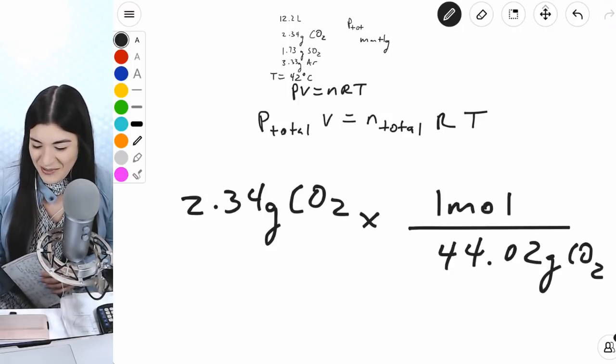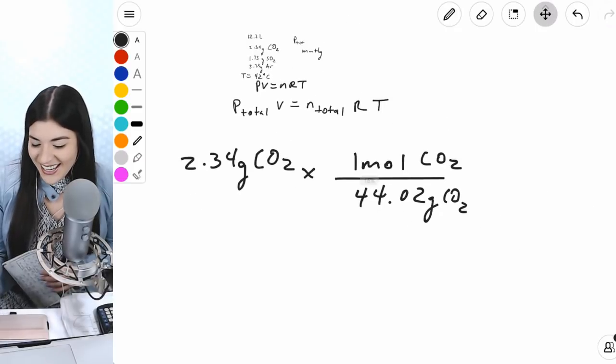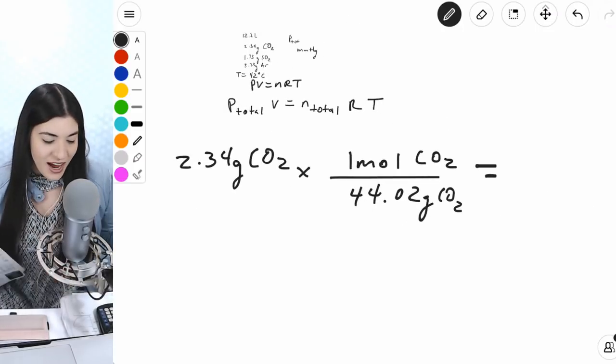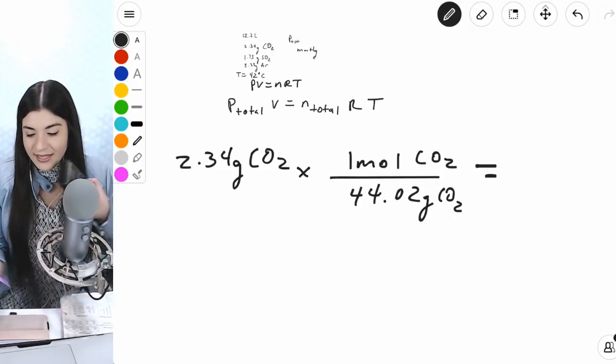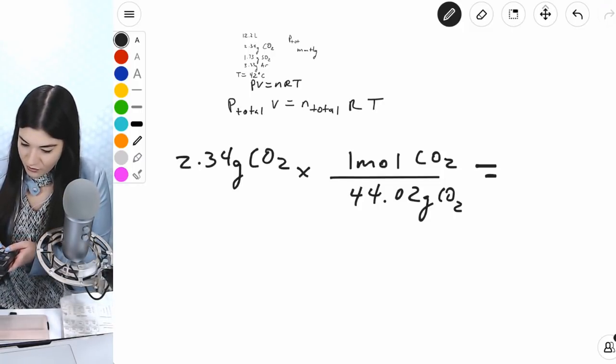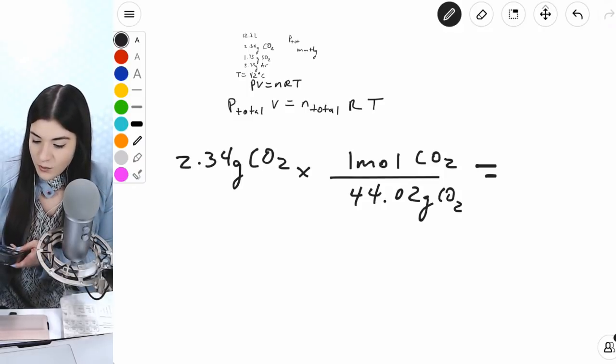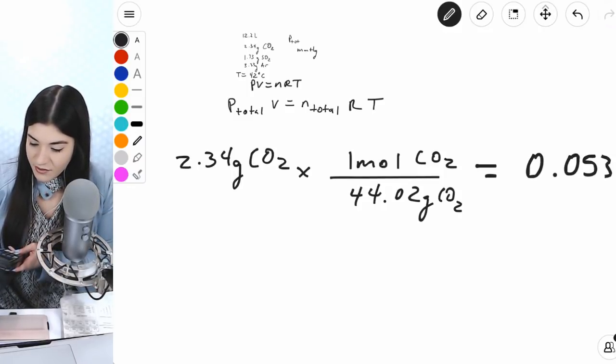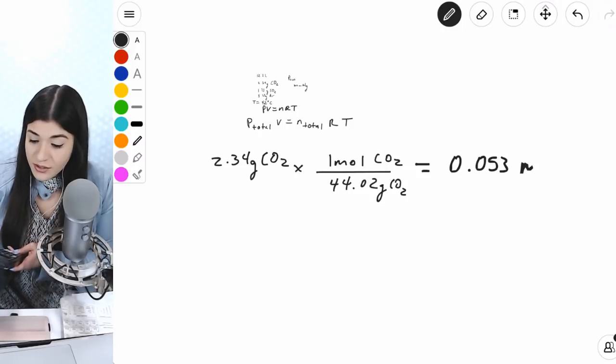It's just one I've seen so many times that I have memorized by now. And then I'll divide those two, and that's going to give us the amount of moles. So we have 2.34 divided by 44.02, and we'll get 0.053 moles of CO2. I'm going to do this for every single one of those gases.